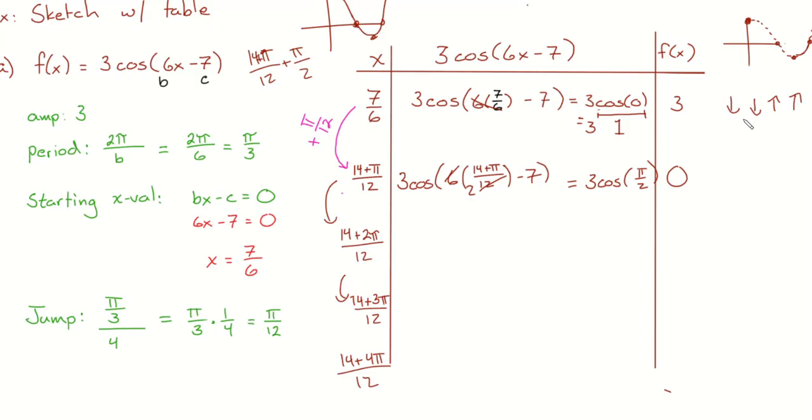So I'm using this, and you will use this, and I want you to use this, but let's verify that it works first. So here it's going to be ugly for a second, but this is 3 times the cosine of, and I'm going to use brackets so it's a little bit nicer, 6, and let's just make sure this mess cleans up nicely. 14 plus 2 pi over 12 minus 7.